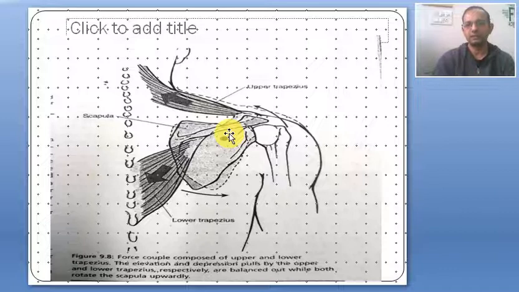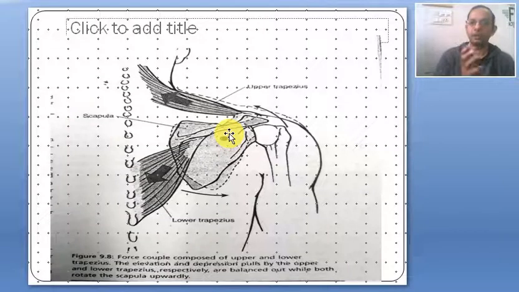Okay, and at the same time it is also helping in the upward rotation of the scapula. So that elevation of the clavicle by the upper trapezius is cancelled out by the depression of the lower trapezius. So these force vectors cancel each other. What is remaining is the upward rotation of the scapula by upper traps and lower traps, when they are contracting with each other and forming the force couple within their own bands.